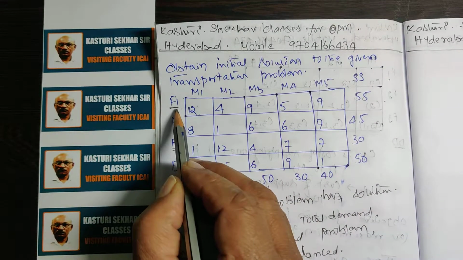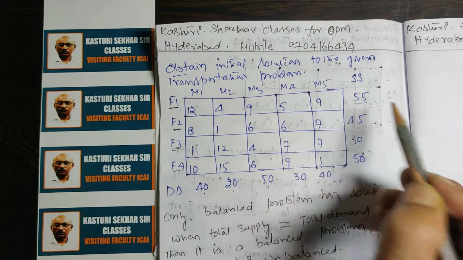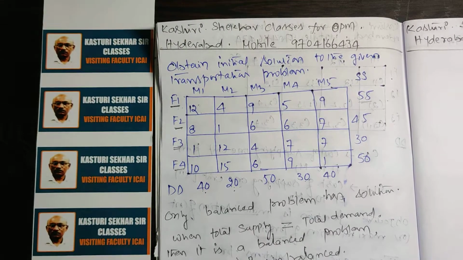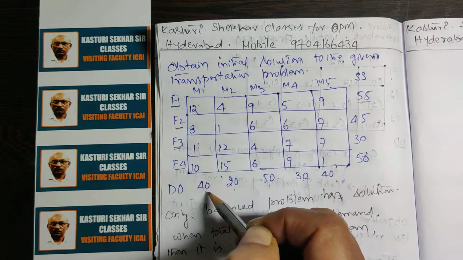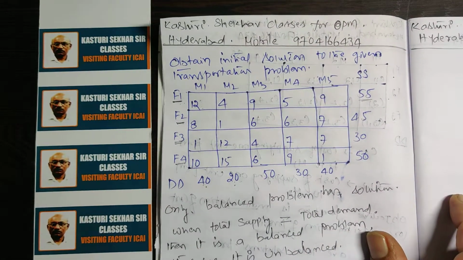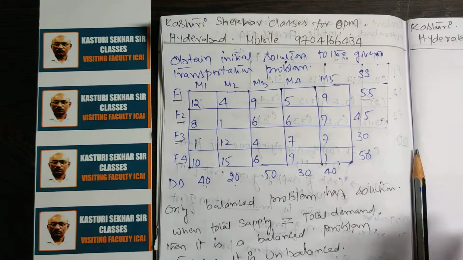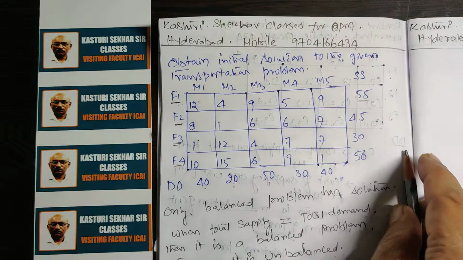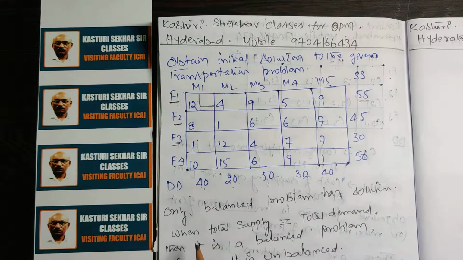Now look at this. Availability at this factory is 55 units, and requirement at this market is 40 units only. So we can fully satisfy the requirement of market 1.